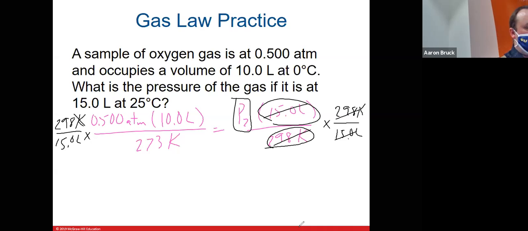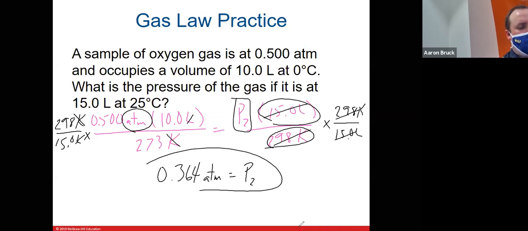My Kelvins cancel and my liters cancel. I'll be left with just atmospheres, which is what I want because I want a pressure unit. And so if I do the calculation, 298 multiplied by 0.5 multiplied by 10 divided by 15 divided by 273, to three significant figures, 0.364 atmospheres is my second pressure.